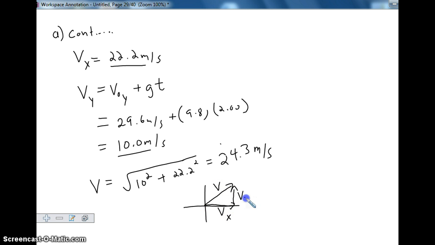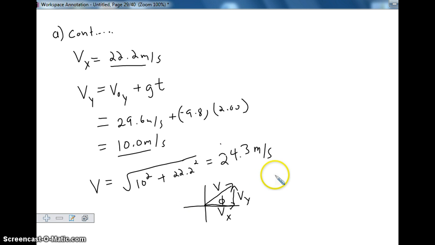What we could tell from this also is that at 2 seconds I'm on my way up. Since Vy came out a positive value and not a negative value, oops, missed a negative there, but that's still 10. Since that came out positive, we now know that we are definitely on the way up in the trajectory, not on the way down.